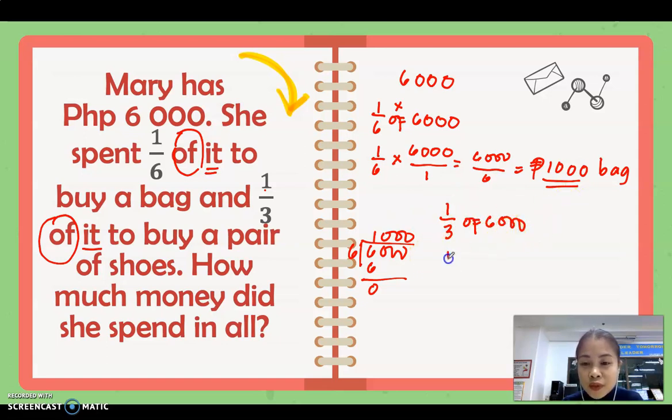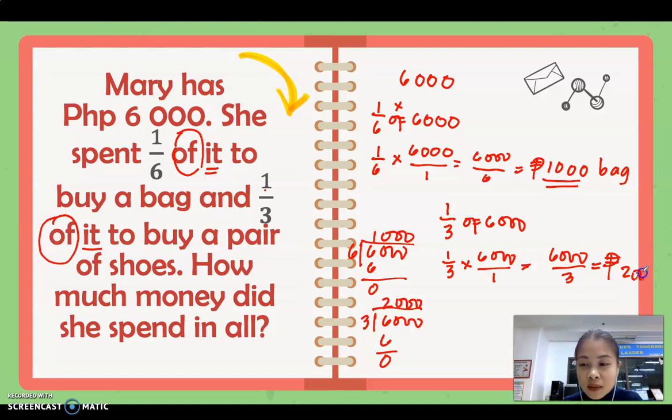Then the new equation for that is 1/3 times 6,000 over 1, so we have 6,000 over 3. Divide that. Since it's an improper fraction, we have 2, 6, no remainder, there are 3 zeros. Therefore, Mary spent 2,000 pesos for the shoes.